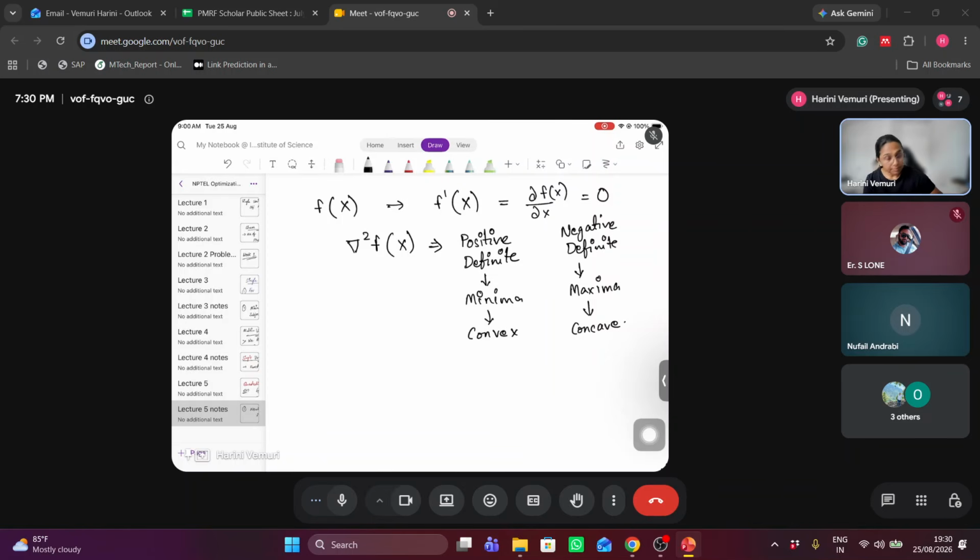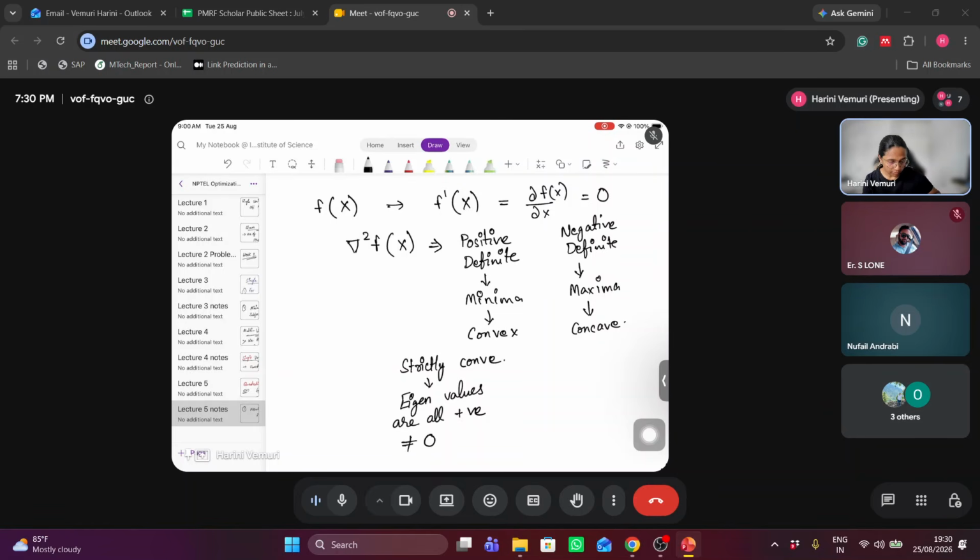And like you said, when strictly convex, it means eigenvalues are all positive.